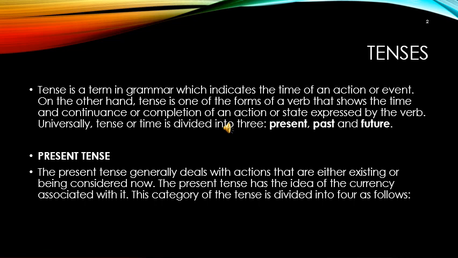The present tense generally deals with actions that are either existing or being considered now. The present tense has the idea of currency associated with it. The category of the tense is divided into four as follows.